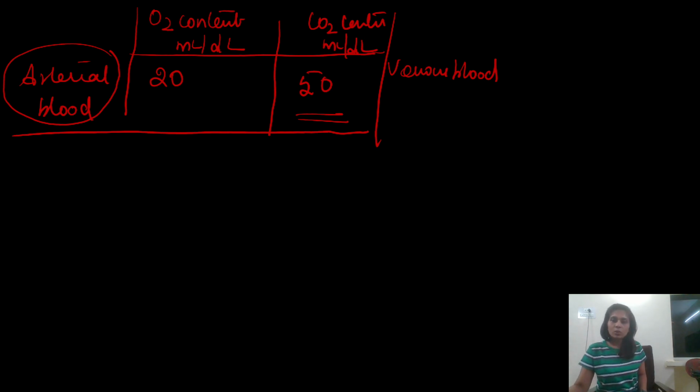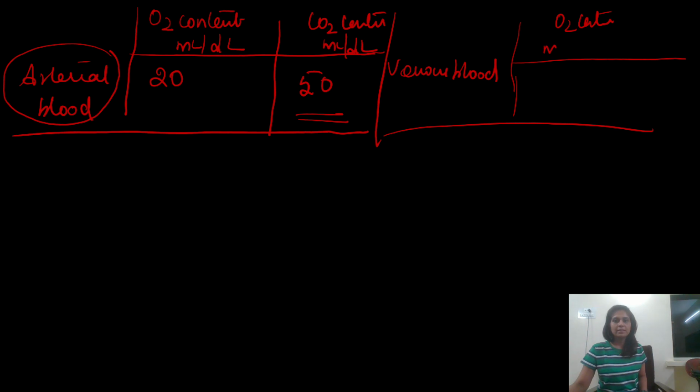Okay. If you look at venous blood values, oxygen content expressed as ml per deciliter becomes 15 ml. From 20 ml in the arterial blood, when the arterial blood goes through capillaries, you give off oxygen to tissues. When it comes out as venous blood, it's only 15 ml per deciliter.